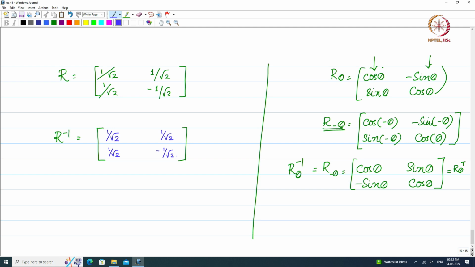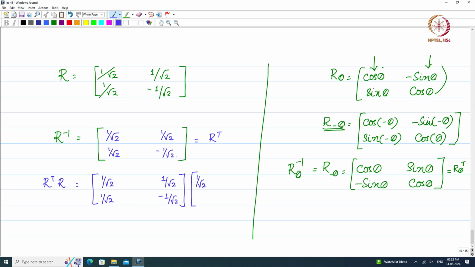Let us see if R inverse is equal to R transpose. Let us look at R transpose into R and see whether it is the identity matrix. R transpose is 1 by root 2, 1 by root 2, 1 by root 2, minus 1 by root 2. R is the same thing.